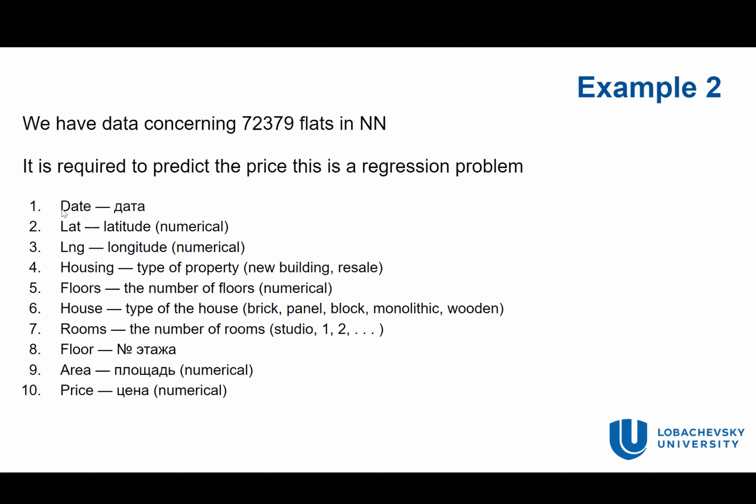on the site. The second feature is latitude, a numerical feature. Longitude is a numerical feature. The type of property, new building or resale, is a binary feature. The number of floors in the building is numerical, discrete but numerical.